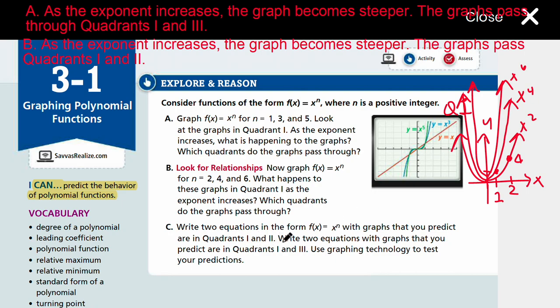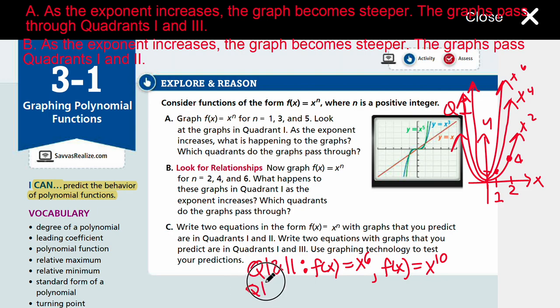If it's in quadrants 1 and 3, you know it's going to be odd numbers. So for the first question, quadrants 1 and 2, you can have any functions that are in powers of even numbers. So you can do the power of 6, or you can do x to the power of 8 or 10. Okay, any even numbers would work.